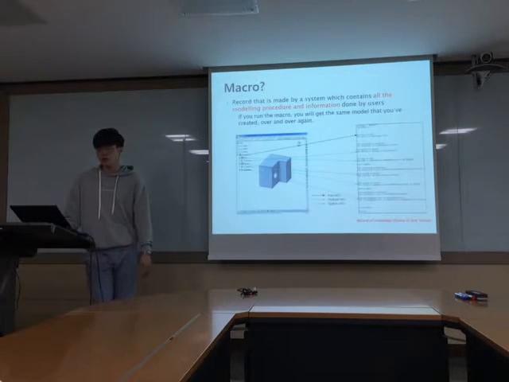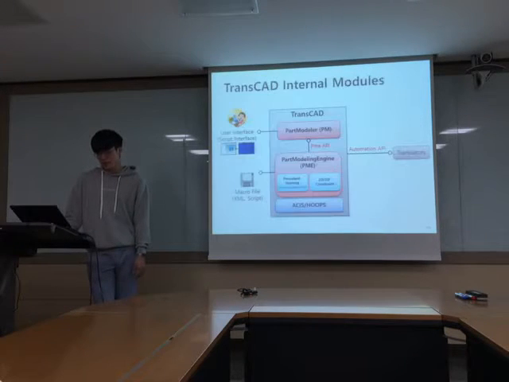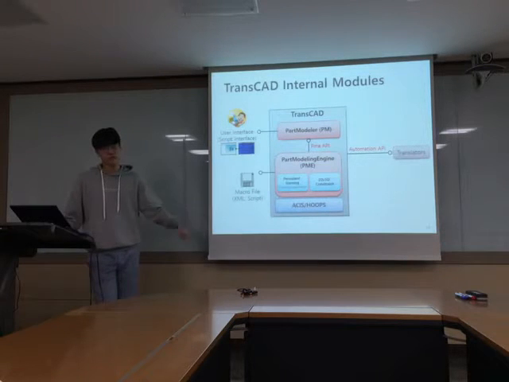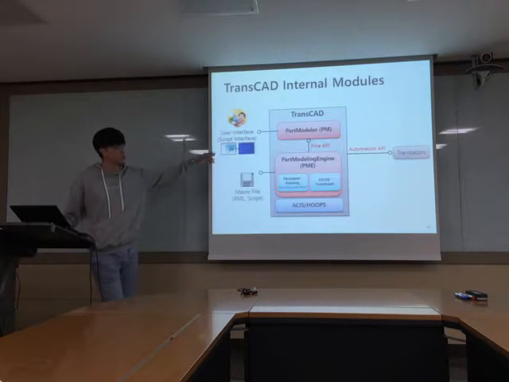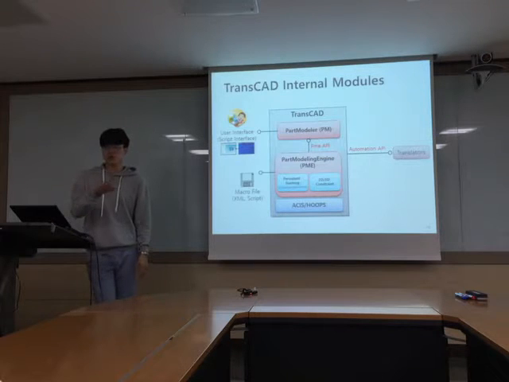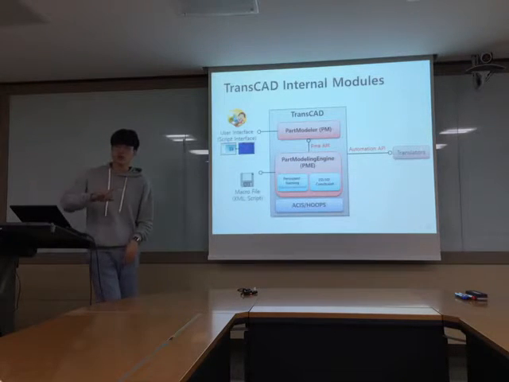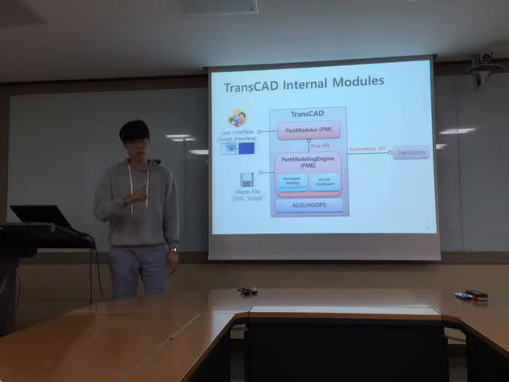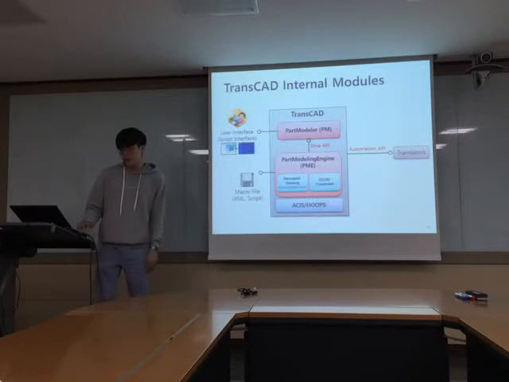I will skip what a macro is and what an API is, since you already have an understanding. TransCAD has several modules, and we are using ACIS and HOOPS for the geometric modeling kernel and the 3D visualization. It also has an interface, but it's not similar to a commercial system. When you use a commercial system, you can use the keyboard and mouse for manipulation, but TransCAD has only a script interface.